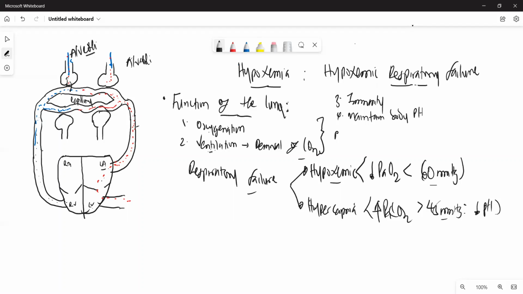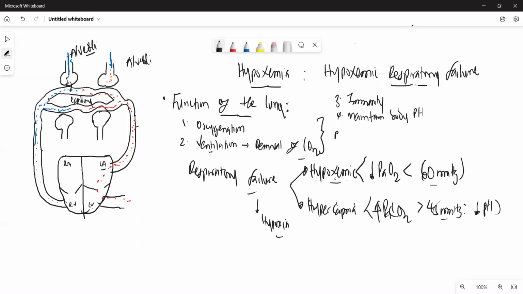So a patient can have hypoxemic respiratory failure or hypercapnic respiratory failure, and some patients can actually have both of them. So they can have both hypoxemic and hypercapnic respiratory failure. And of course, either of them or both of them can lead to hypoxia. So a patient can develop hypoxic respiratory failure.